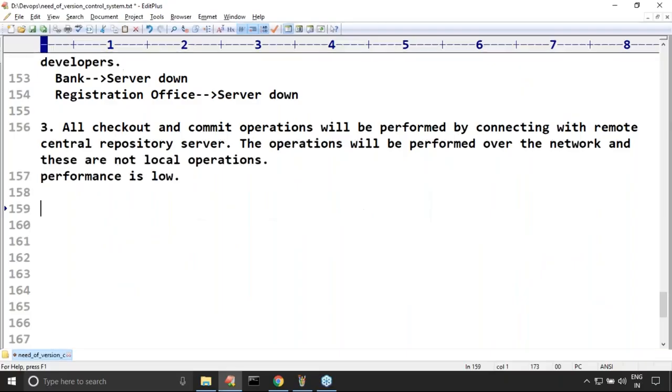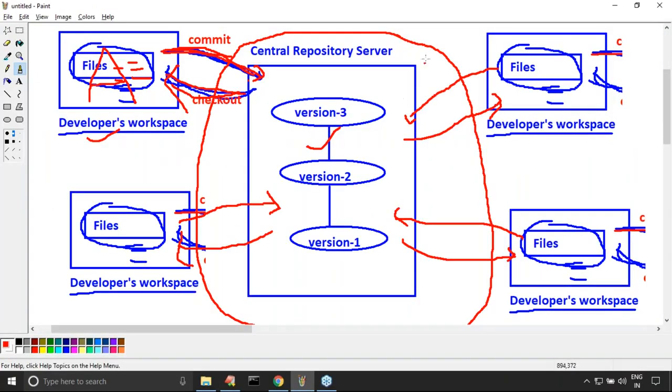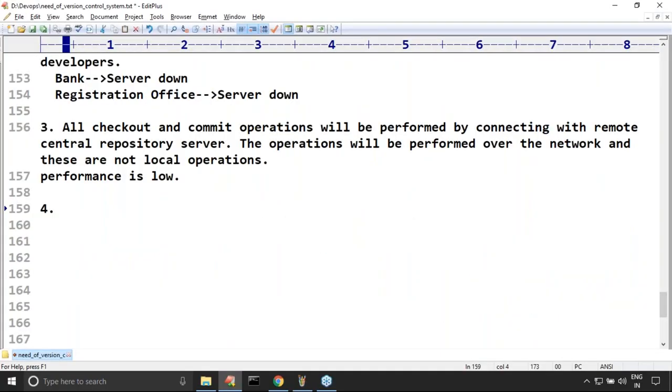Okay, the third problem. Now the fourth problem, sir. Very important. Everything is going to be available at the central repository server. Organization of the central repository server is very difficult if the number of developers increases or the number of files is huge.